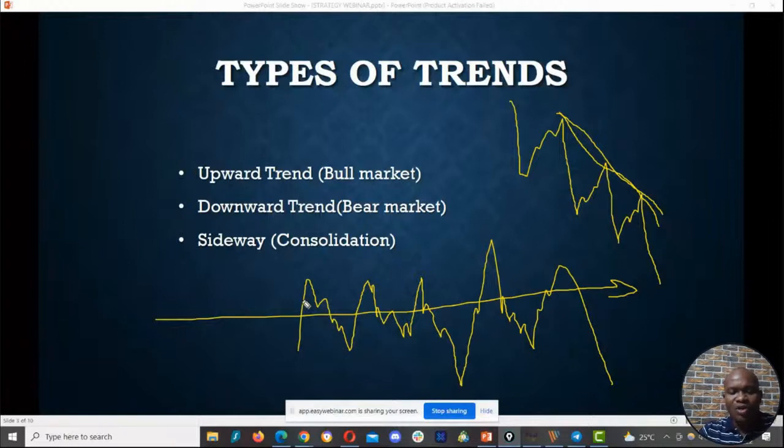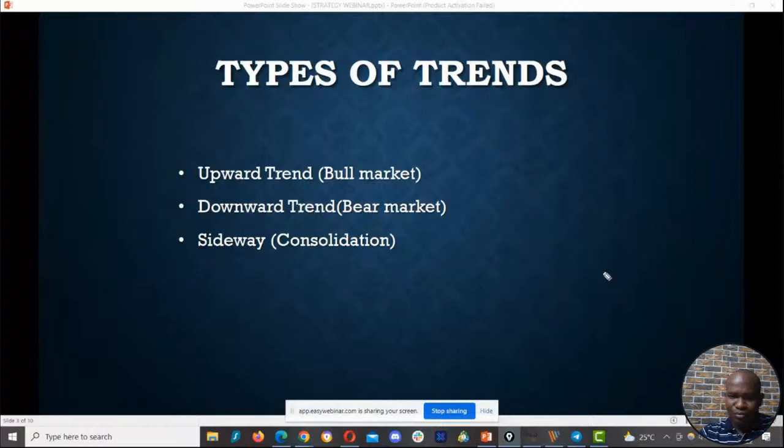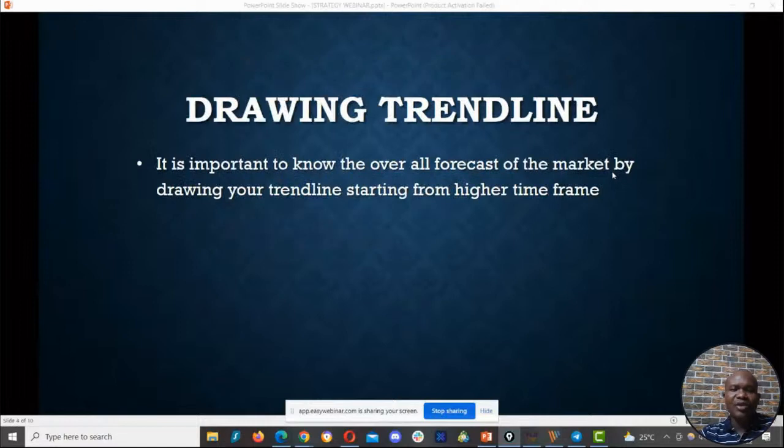They're just drawing all sorts of things, because there is a difference between trending and when the market is forming a pattern. Most times the market forms a pattern, they are not trending. And if you cannot differentiate between the two, you might be getting the whole thing wrongly. All right, so that's just by the way. So now we are going to establish this fact, drawing the trend line.